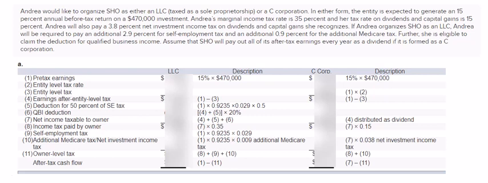And the entity level tax rate is 21% for this particular problem. Next we would deduct the 50% for self-employment tax and the QBI deductions, but of course that doesn't relate to a C Corp. But we do need to then determine what the net income taxable to owner is.